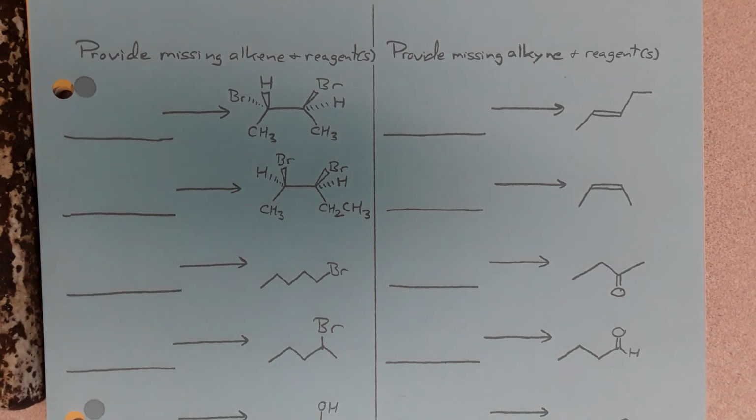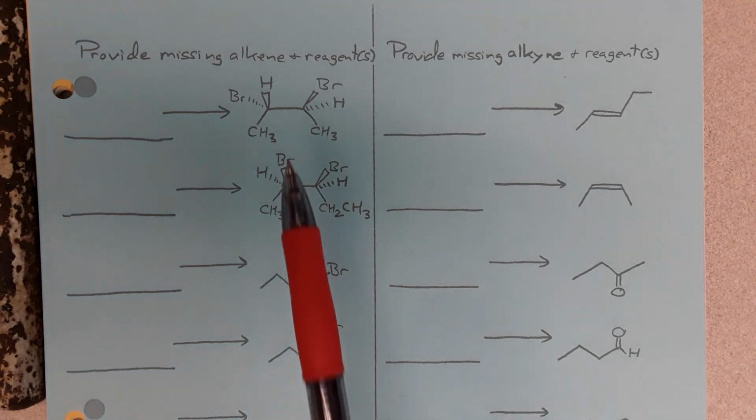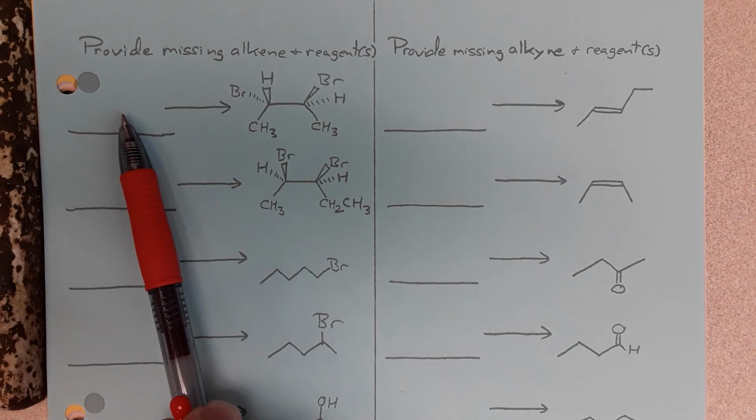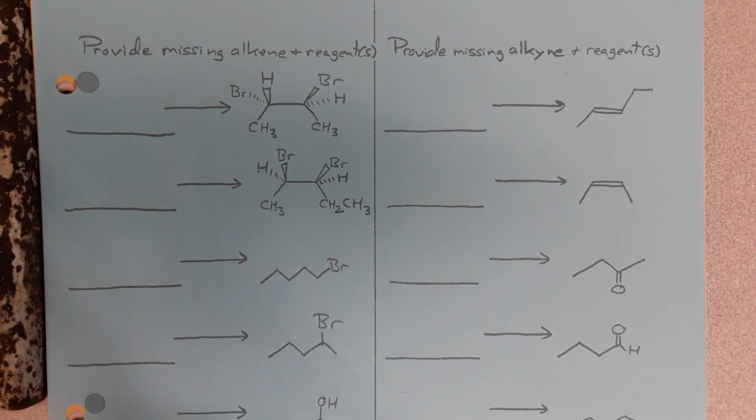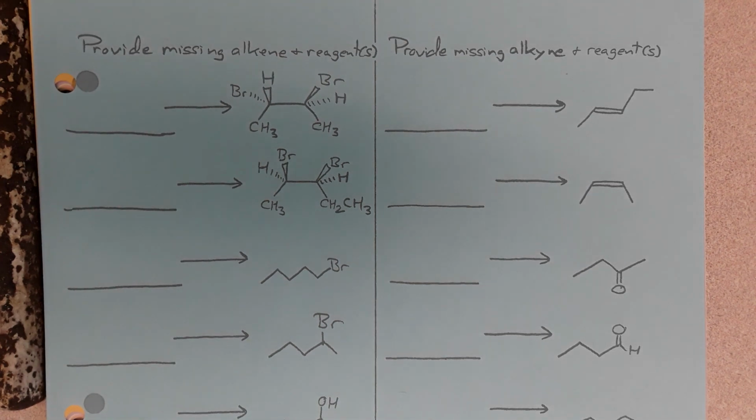You start with the product and you think, if I worked backwards one step, what could I make it from? And then from that you work backwards another step. And that's one of the things that we began to study first semester back in chapter 9, sections 7 through 9, when we learned about acetylide synthesis.